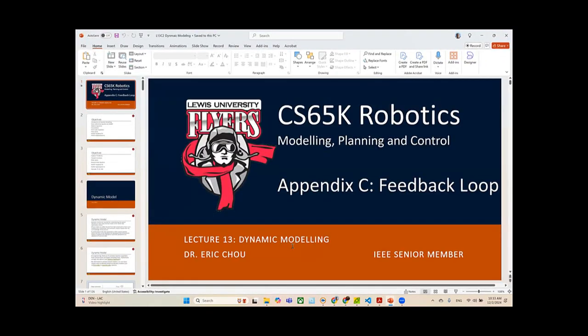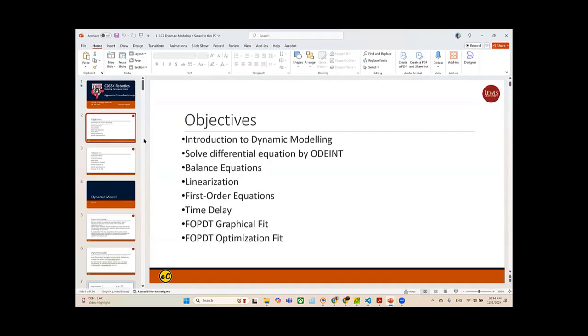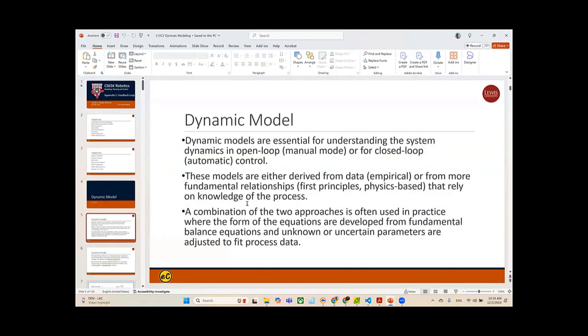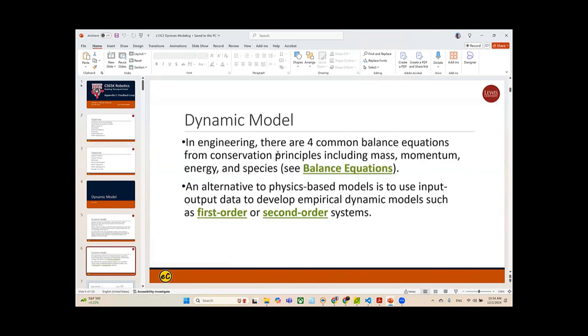We talk about from system modeling down to design, so that's the overall design flow for the controller. Then we have an appendix in the textbook called feedback modeling, or dynamic modeling. This chapter gives you the detailed system simulation modeling. If you do modeling for a neural network, it's very similar to this dynamic system.